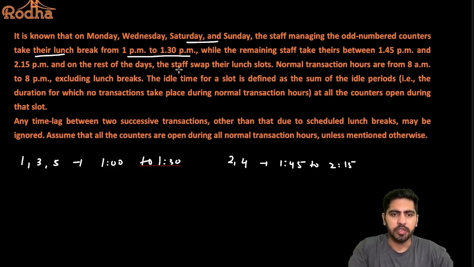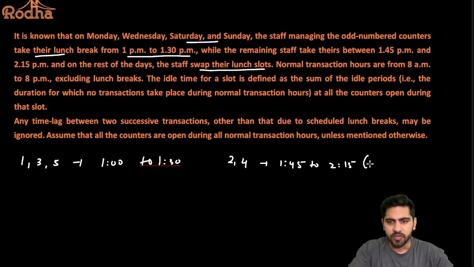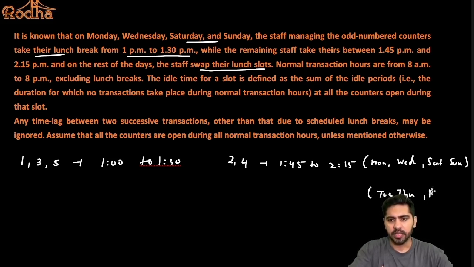Further, it says on the rest of the days, the staff swap their lunch slots. So this information is for Monday, Wednesday, Saturday, and Sunday. The rest of the days remain as Tuesday, Thursday, and Friday. On these days, they are swapping.